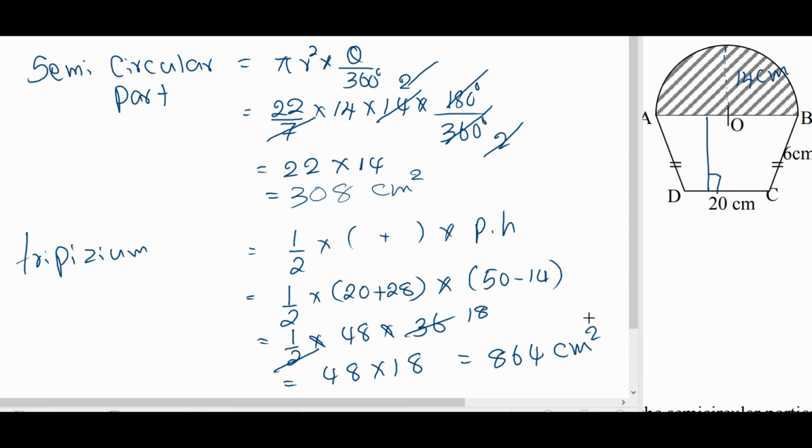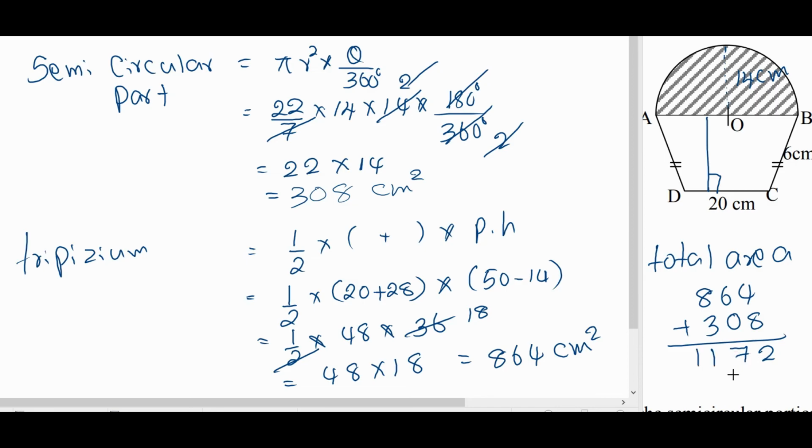And then the total area is equal to the addition of this 864 and this 308, which is 1172 square centimeters.